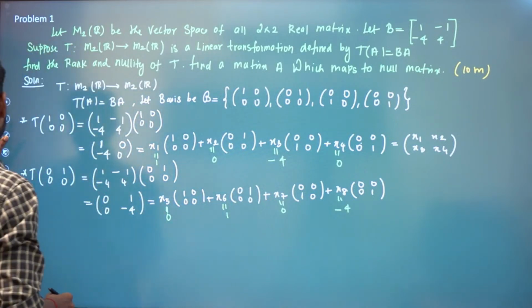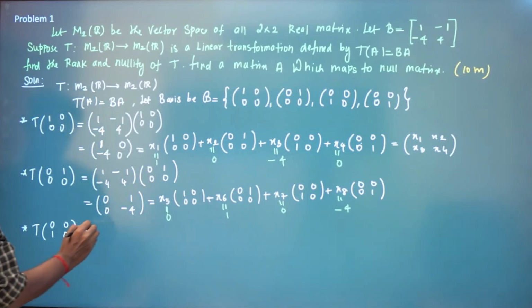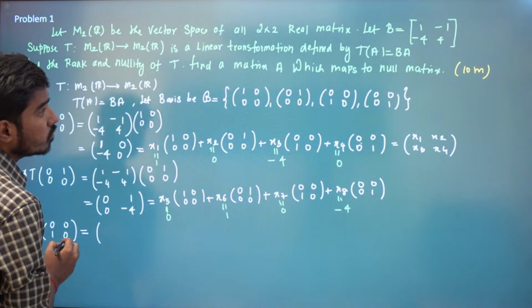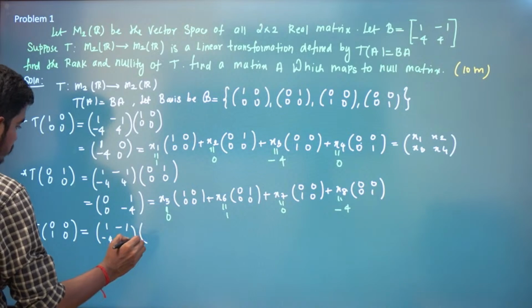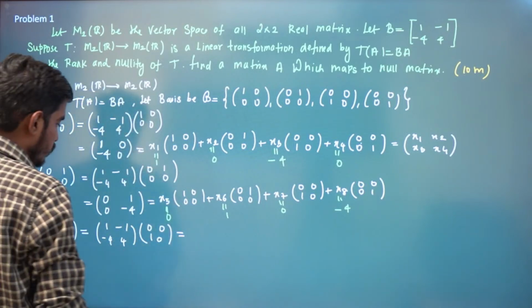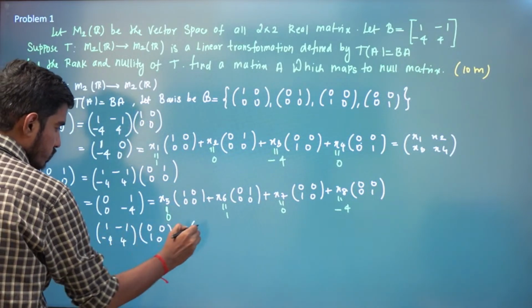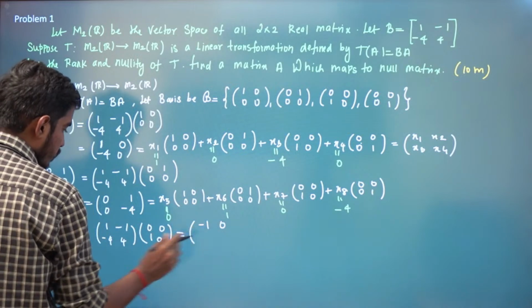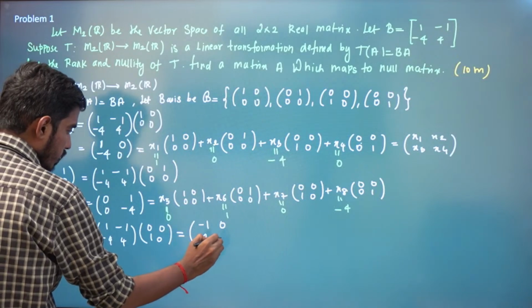Now similarly, we will find p of 0 comma 0 comma 1 comma 0, right? So this is p of a is b times a. So b is 1 minus 1 minus 4 plus 4 times a. So 0 0 1 0. So this is equal to, 1 into 0 minus 1 into 1 is 0. 4 into 0 minus 4 into 0, 4 into 1, that is 0.